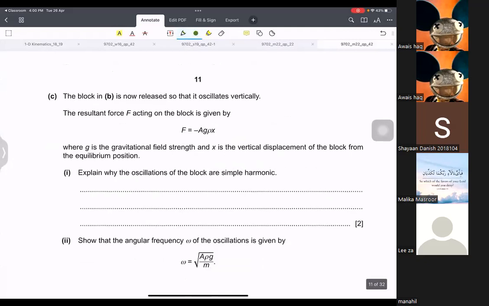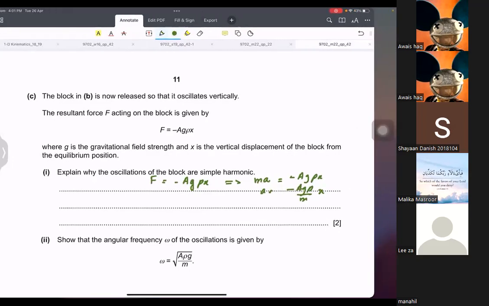Explain why the oscillation of the block are simple harmonic motion. The reason is why it is simple harmonic motion. That's what it's asking me. Okay, well, it is F equals minus Aρg x. I could also write it as ma equals minus Aρg x. And a will be minus Aρg over m x.